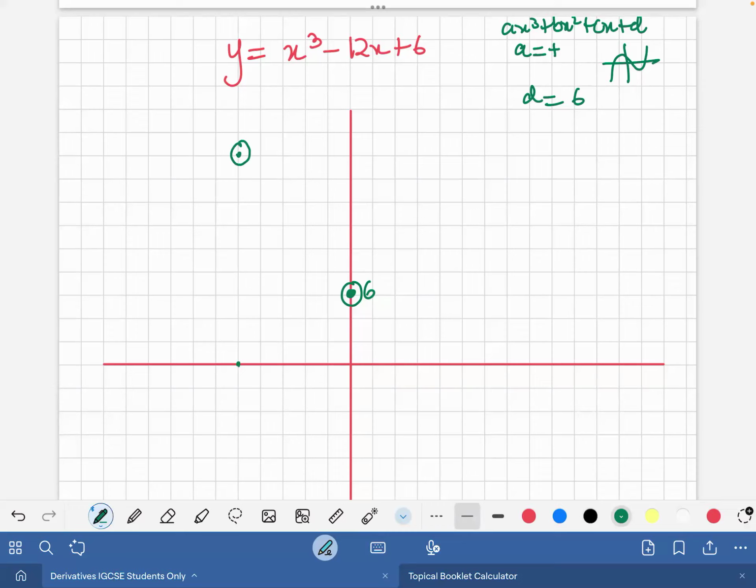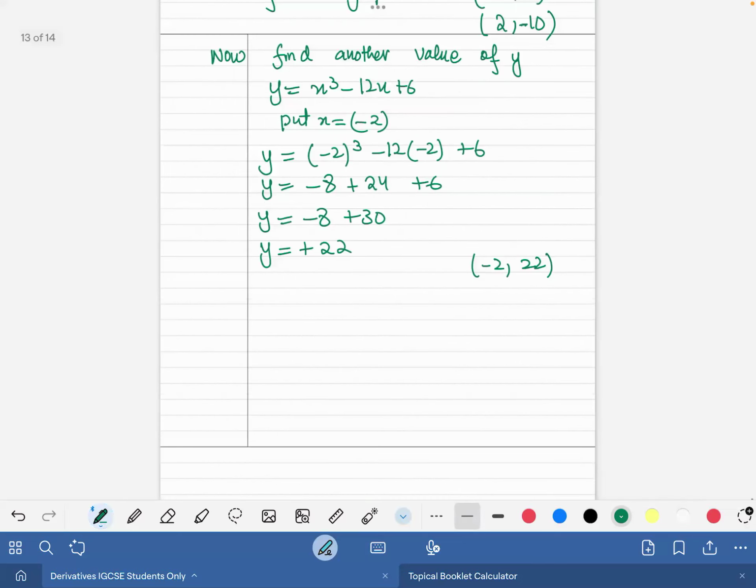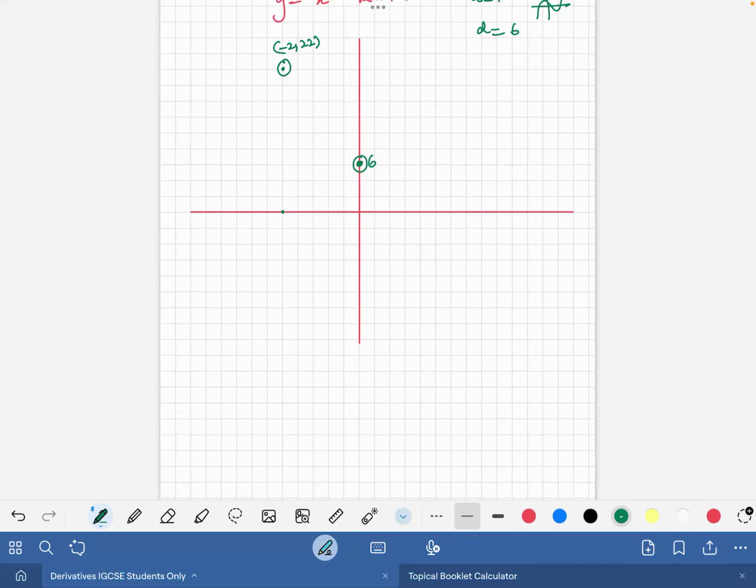Obviously, this quadrant is the point. Agree, Avinash? Yes, sir. And the second turning point, we will be having 2 and -10. It will be a point somewhere here. Okay. This is 2 and -10.